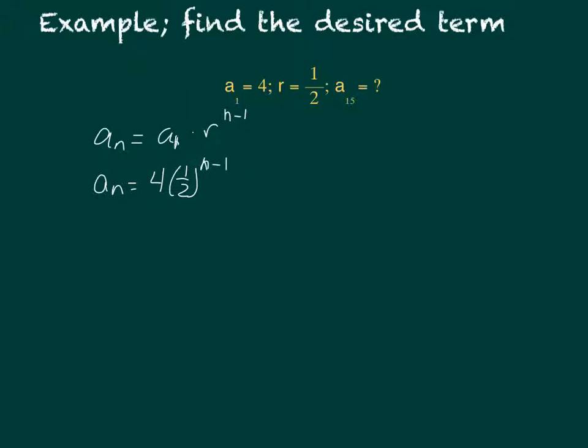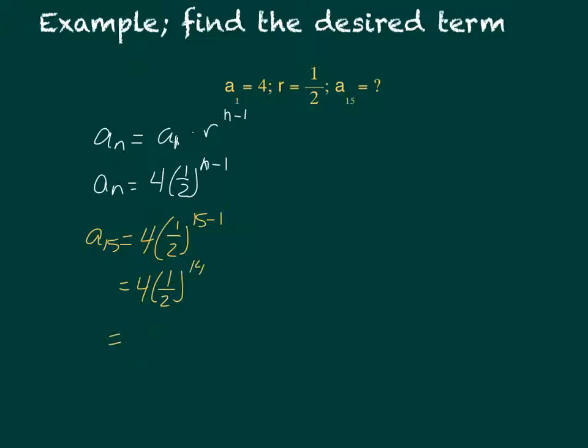And no, you cannot multiply 4 times 1/2 and say 2 to the n minus 1 power. That doesn't work. You've got to keep it separate. So now I want to find a sub 15. So a sub 15 is going to be equal to 4 times my 1/2 to the power of 15 minus 1, 4 times 1/2 to the power of 14.